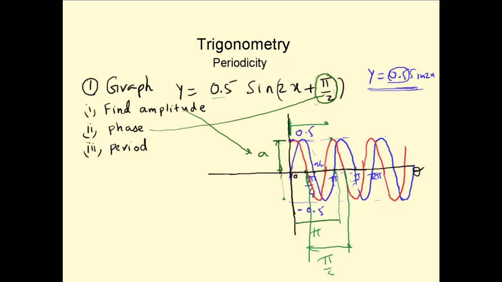So the period for sine 2x and sine 2x plus pi by 2 is the same. As a matter of fact, the period for sine x and sine x plus theta should be the same. It's just that there is a delay, lag or lead on the curve, but the actual periodicity is the same because they're parallel, right? Similarly, sine 2x plus pi by 2 and sine 2x have the same period. So the period for sine 2x plus pi by 2 is still pi.